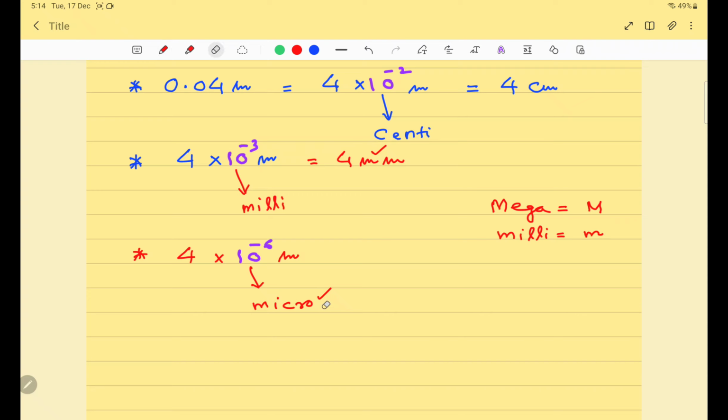But this micro is expressed by another new letter, u. It is read as mu, and this mu stands for micro.